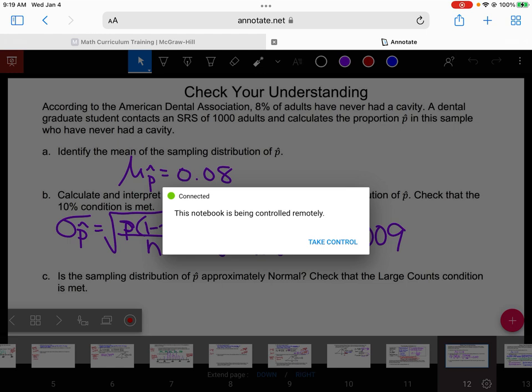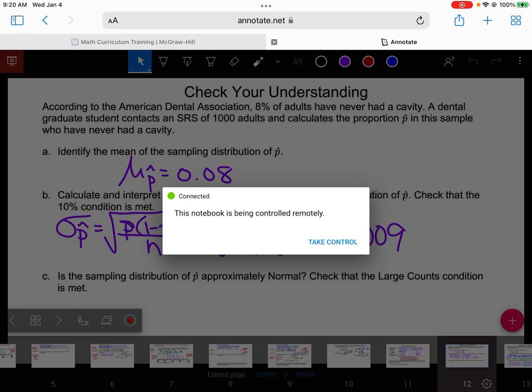What does that mean? How would I interpret that 0.009 or 0.0086? What does p hat mean again? Not the mean, that's what my mu means. It is a proportion, but it starts with an S. Sample proportion.